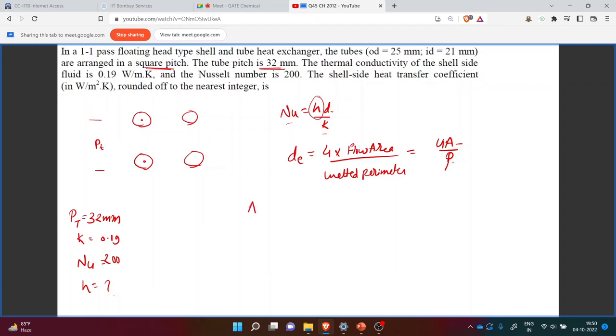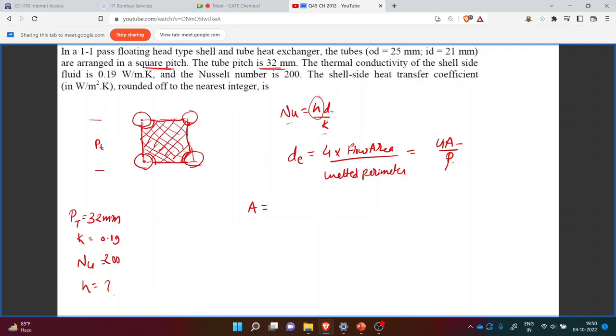Now the flow area A will be the area through which the fluid is passing if we consider this square whose one side is PT. This entire thing will be the flow area. So we can calculate the area of this inner side through which the fluid is flowing on the shell side.